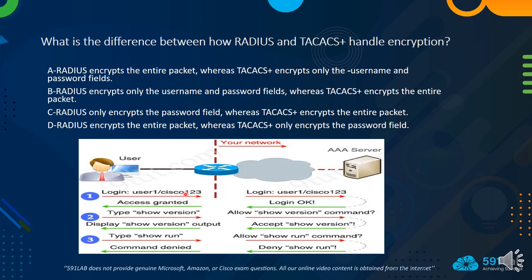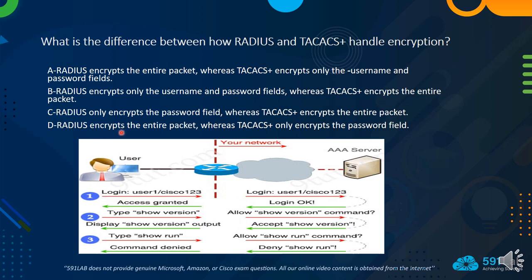So let's see the options and the answer. Option A, RADIUS encrypts the entire packet, whereas TACACS+ encrypts only the username and password. Option B, RADIUS encrypts only the username and password fields, whereas TACACS+ encrypts the entire packet. Option C, RADIUS encrypts only the password field, whereas TACACS+ encrypts the entire packet.